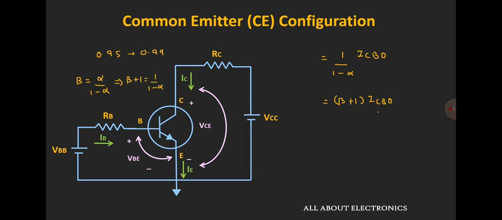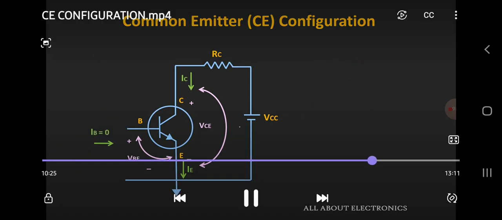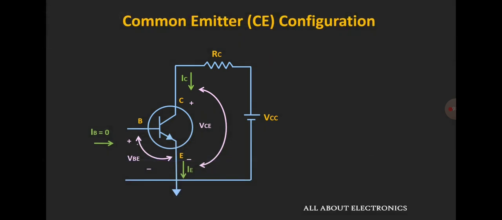So this will be the value of the leakage current whenever the base current IB is equal to 0, and it is defined as current ICEO. That means it is the leakage current which is flowing through the collector to emitter terminal whenever the base terminal is open. So this value of ICEO can be given as beta plus 1 times ICBO.